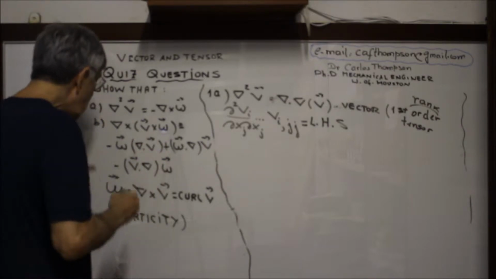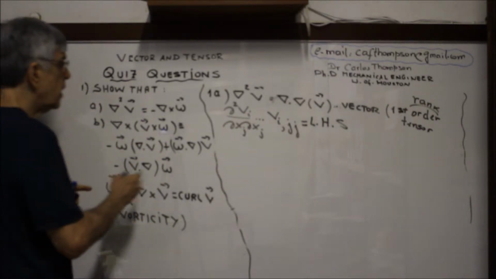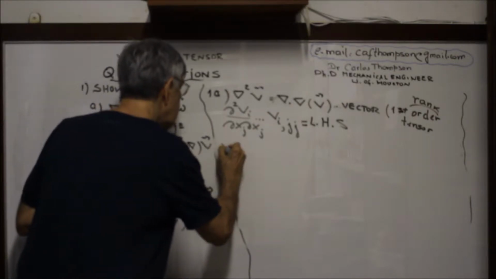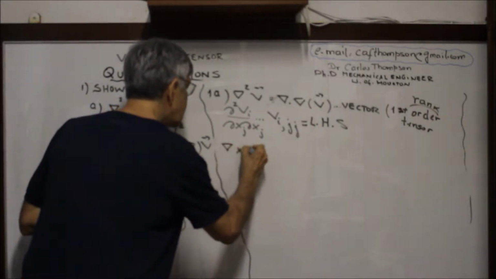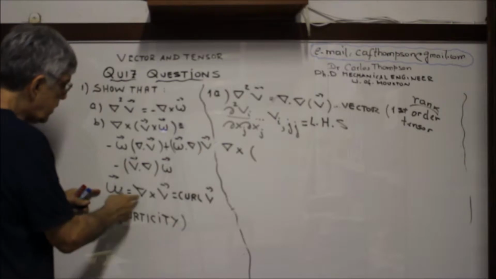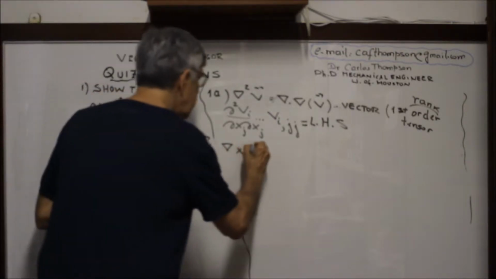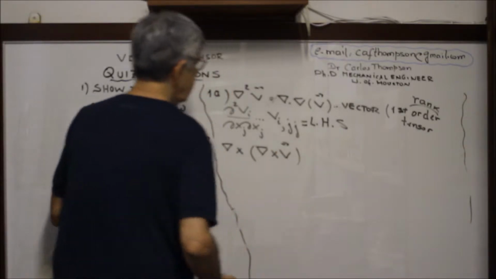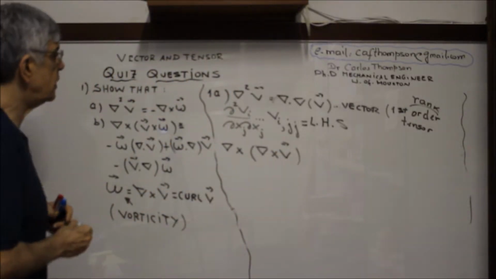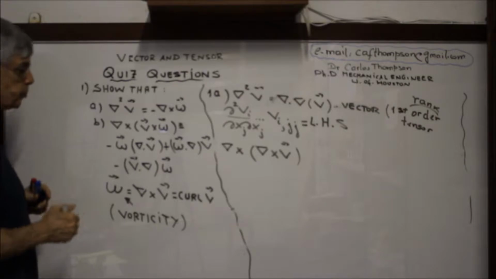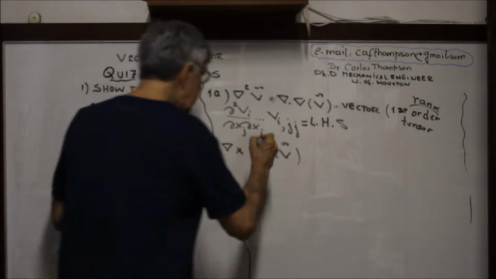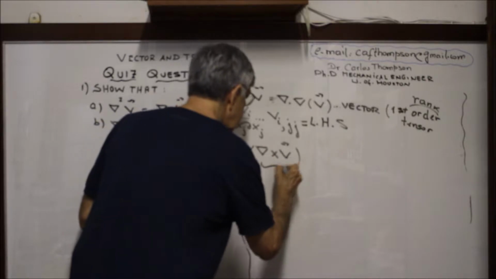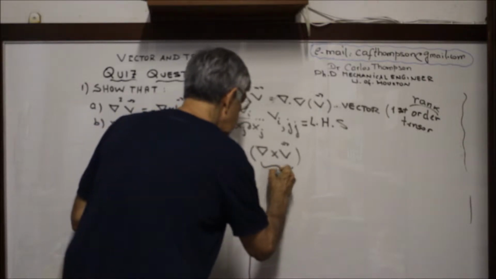Now let's develop the right-hand side. So let's call the right-hand side nabla cross omega, where omega is the rotational of V. Again, I call this the vector u.